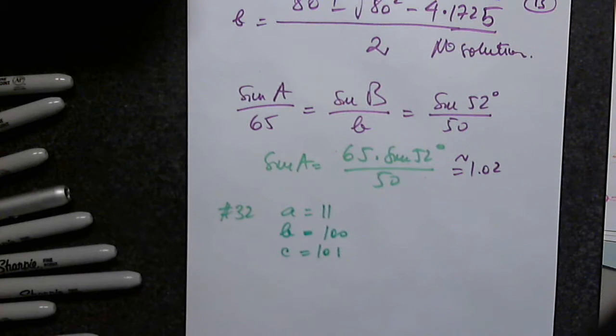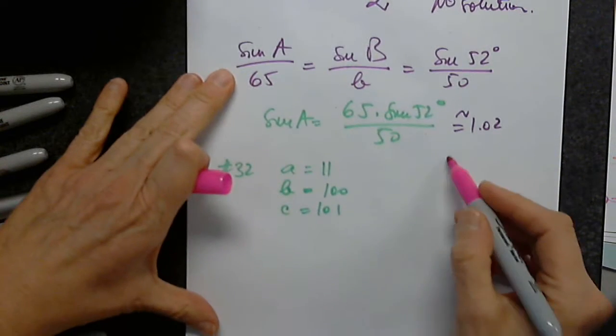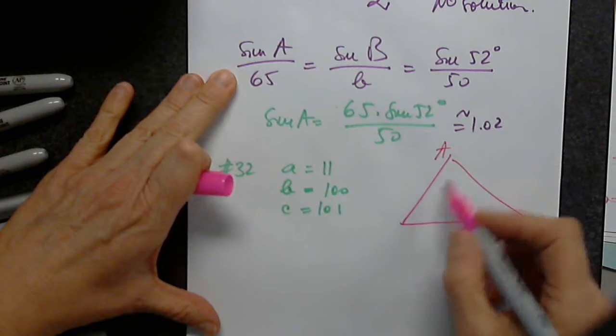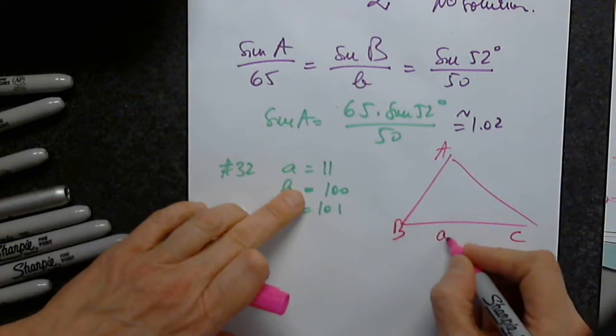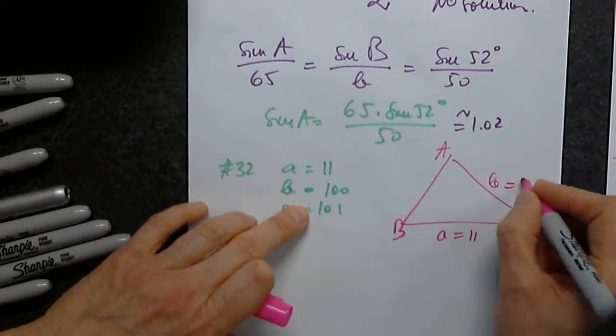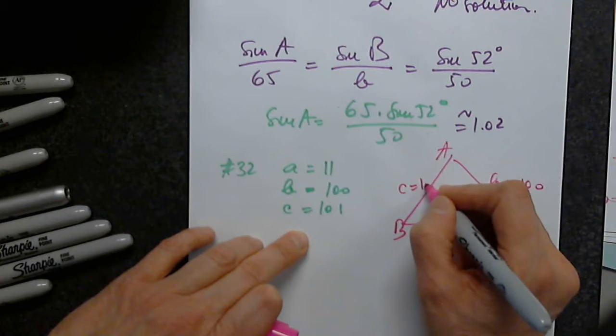But before we find the area, because I have not shown you how, we have two different formulas for the area of a triangle. This will be the third one that I'll show you right now. But first I want to solve the triangle. Here's a triangle: A, B, C. Little a, 11. Little b, 100. Little c, 101.